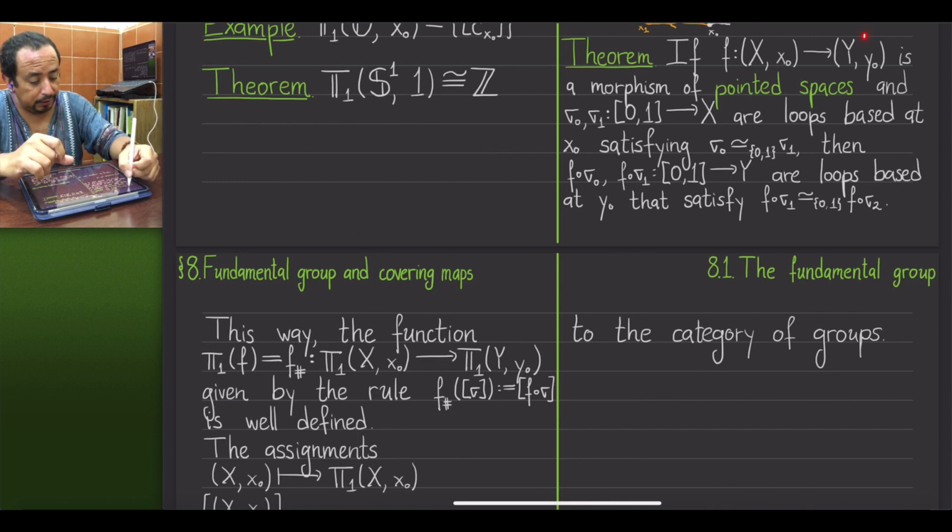All right, so they are then loops based at y naught because my morphism takes x naught to y naught. Well, if my loops in x naught are homotopic relative to endpoints, then when I apply f to them, I also obtain loops that are homotopic relative to endpoints.